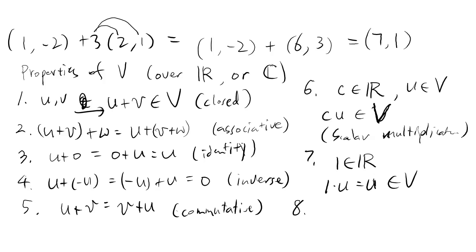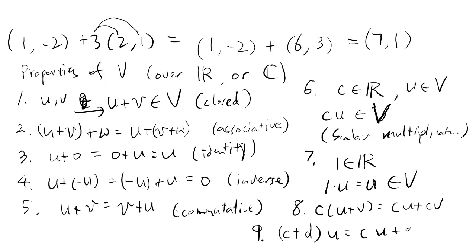Then we also need the distributive property, which says if you have this constant as before, and you have two vectors, then it should be cu plus cv. And lastly, the distributive property works the other way too. If you have c plus d times u, it should be the same as cu plus du.